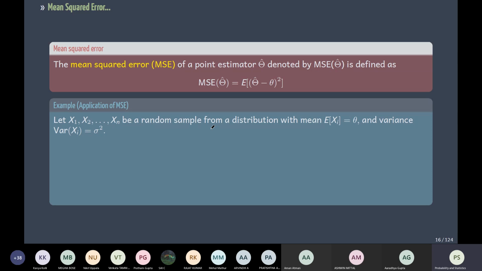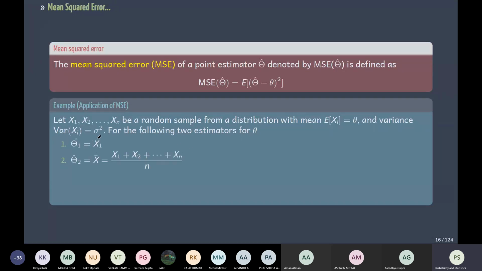Let x1 to xn be a random sample from a distribution with mean theta. As usual, our parameter to be estimated is theta, which is the expectation, and the variance is sigma squared. They are IID, so for all xi the mean is theta and the variance is sigma squared. Now consider the following two estimators of theta.